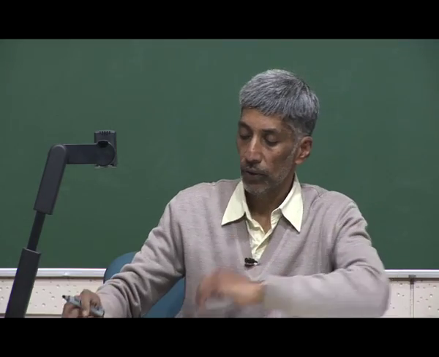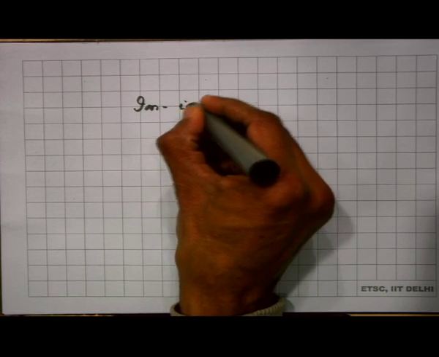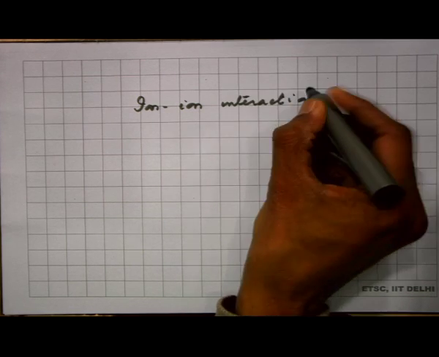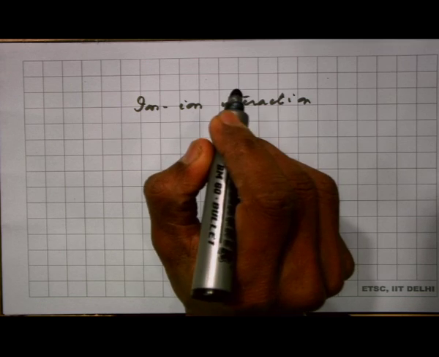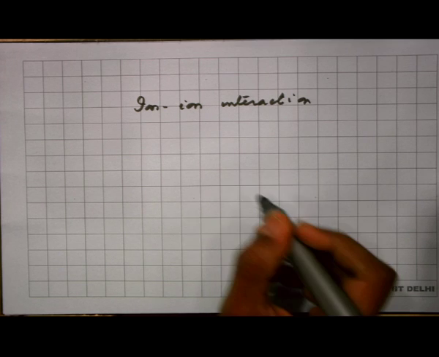So, thus far what we have done is to look at ion-ion interactions. Before we close for today, we will just go over this, because one of the things I said was that you should be able to list the forces that you have, the intermolecular forces.